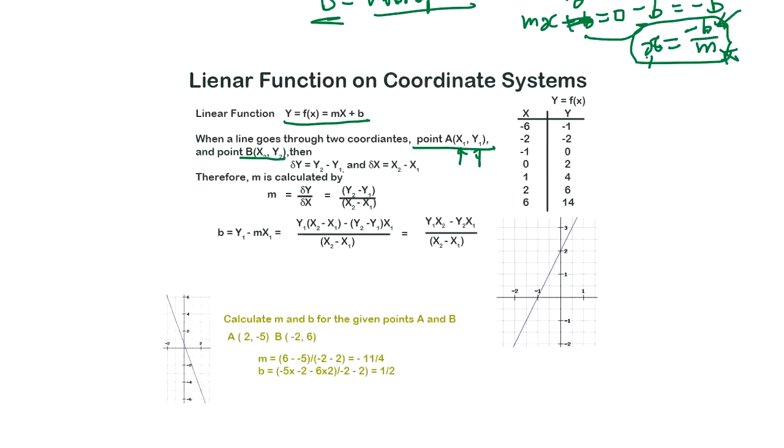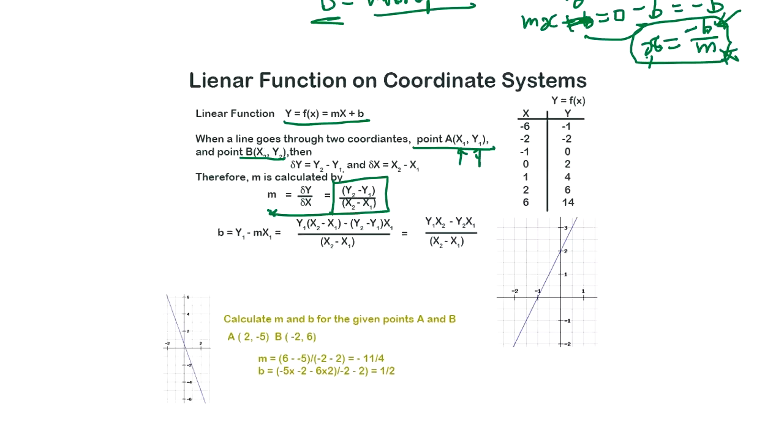Then the slope is going to be y2 minus y1 over x2 minus x1. The slope is going to be the ratio of this, right?